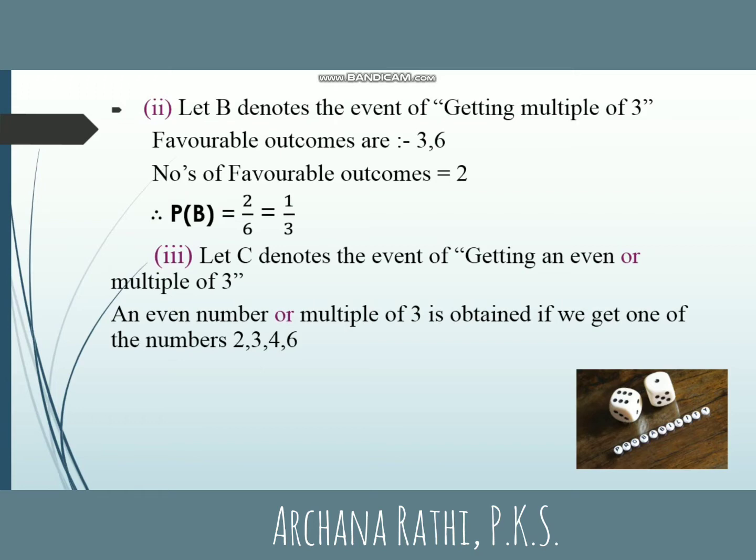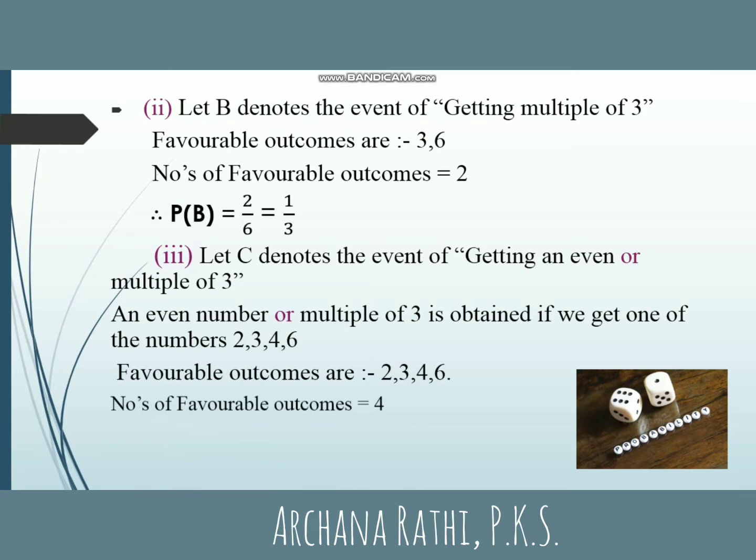These 4 are the numbers which satisfy the condition that it is even or multiple of 3. Therefore the total number of favorable outcomes is 4, that is 2, 3, 4, 6. Therefore the probability of getting an even or multiple of 3 is 4 by 6, that is 2 by 3.